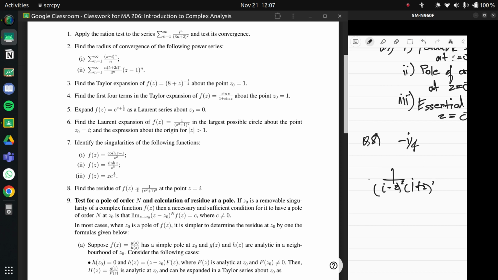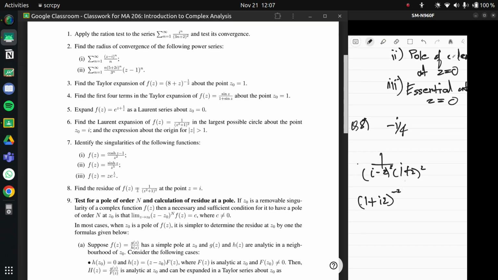So you can take iota outside. So it's going to be a negative 1, something like that, and 1 upon iota is negative iota. So it's just 1 plus iota z to the power of negative 2. That's also negative 1, so it doesn't really matter. And it's just 1 minus iota z to the power of negative 2, something like that. Which is pretty obvious, like you can always write it like that.